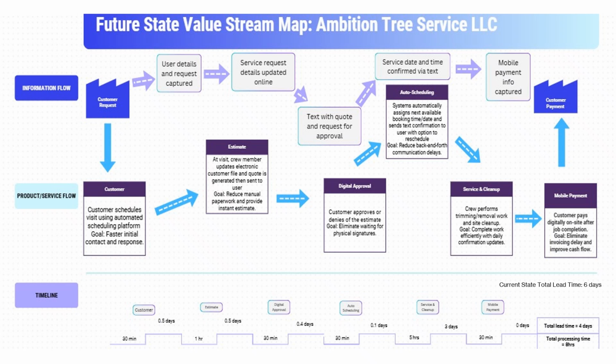On the bottom of the map, you can see the lead time ladder that shows that total lead time has dropped from 6 days to 4 days, which is pretty awesome.